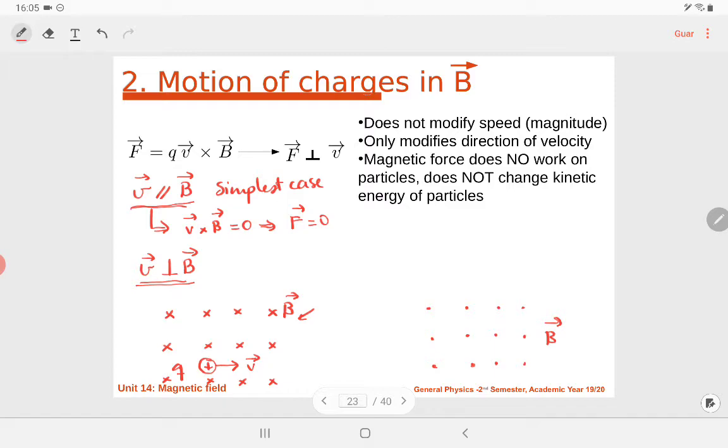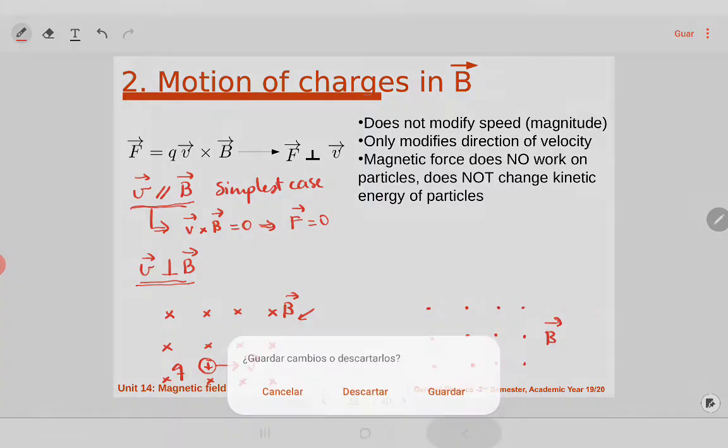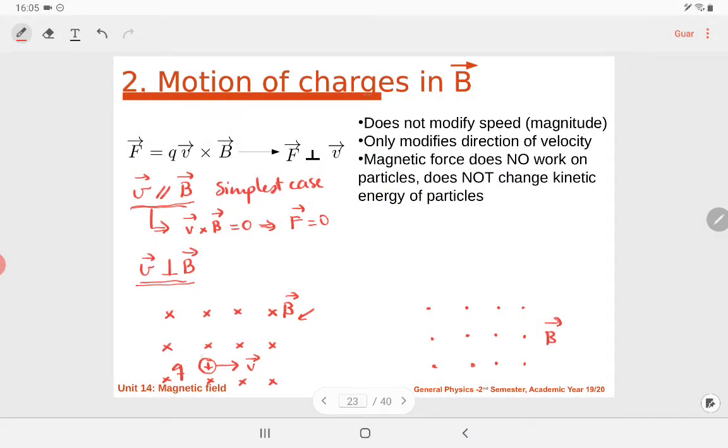On our middle finger, the magnetic field, which points into the screen. So our thumb points upwards. This is the force at this instant. If the charge were negative, the force would have the same direction, but opposite. It would go down instead of up.